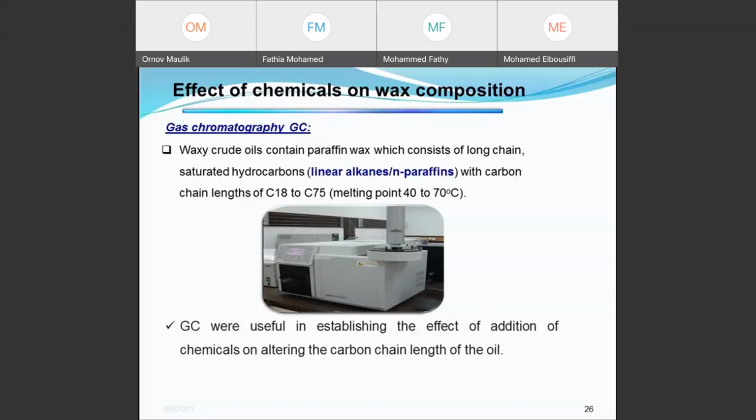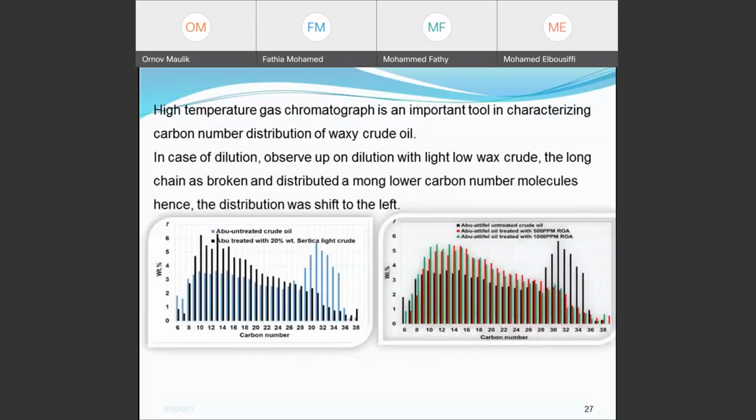Here, the effect of chemicals on wax composition using gas chromatography. Waxy crude oil contains paraffin, as I said before. It was useful in establishing the effect of adding chemicals on altering the carbon chain length of the oil.